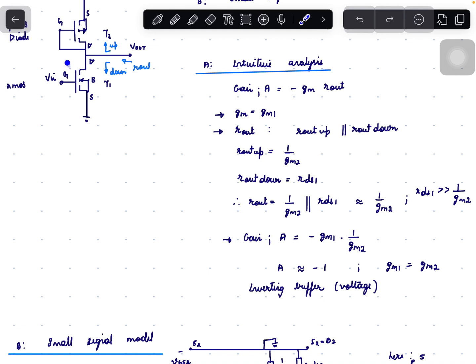If GM1 is equal to GM2, then gain will be minus 1. This works as an inverting buffer, an inverting voltage buffer whose R out is of a very low value, which is given by 1 by GM2.